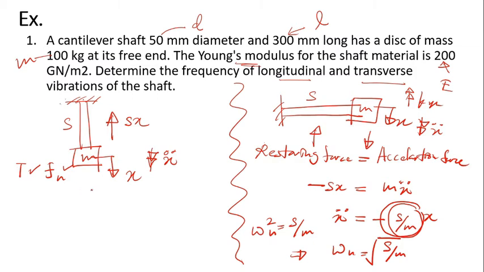We know that t, or the time period, equals 2 pi over omega n. This is the time period, and the natural frequency is 1 over t.